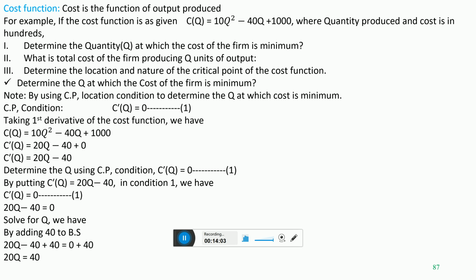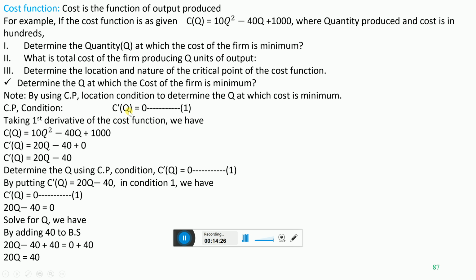What does this mean? C prime of Q is equal to 0, and we give this the name condition 1. This means that along the graph of the cost function, all those points at which the first derivative of the cost function for the set of Q values is equal to 0 are the location of the critical point.